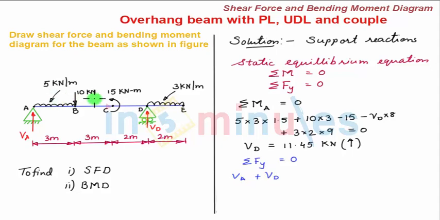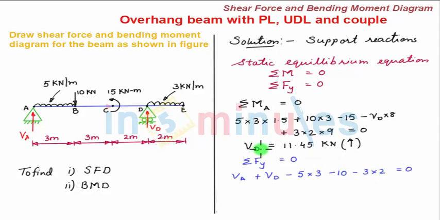Then we have all the forces which are acting downward. So we have first this force whose magnitude will be 5 multiplied by 3. Then we have this force of 10 kN, minus 10. Then the couple is not taken into consideration. Then we have this force whose magnitude is minus 3 multiplied by 2, and this is equal to 0.